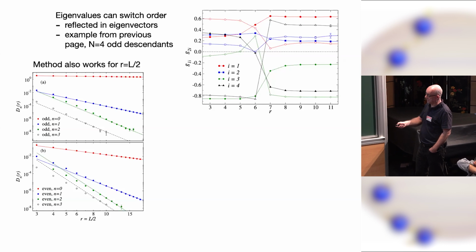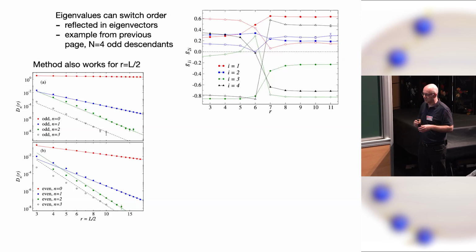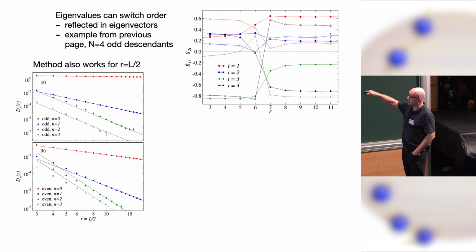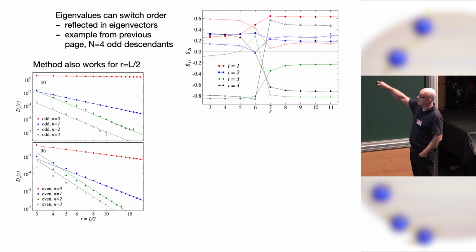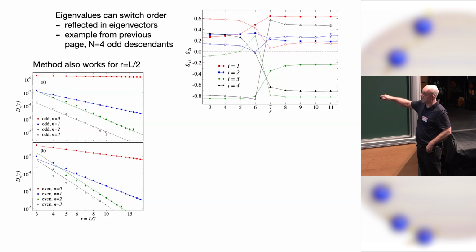Okay, and then to show you that it also works, and this may be important for people like Fakher, if you are restricted to small system sizes, you would normally look at the correlations as a function of, you know, half the size of the system. So that also works here.